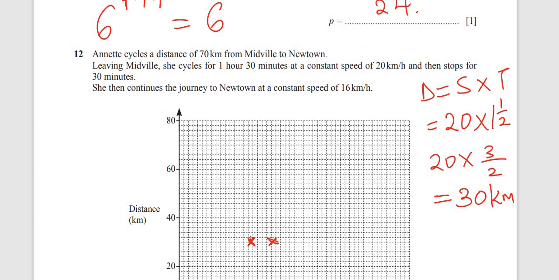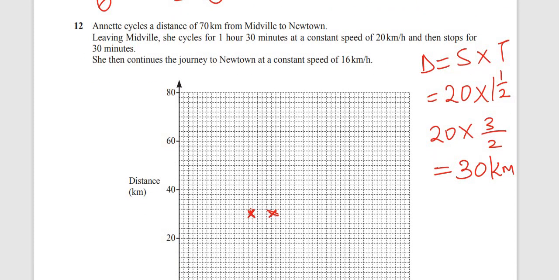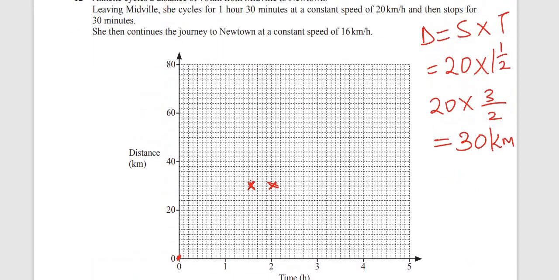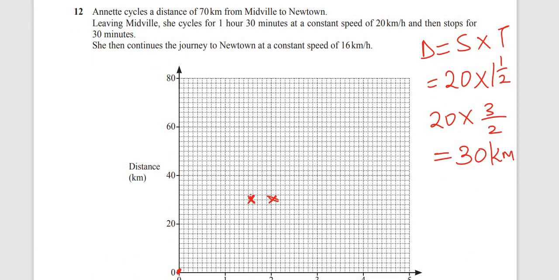she then continues the journey to Newtown at a constant speed of 16 kilometers per hour. Now, up to the point where she stopped, she had covered 30 kilometers. And remember, the distance from Midville to Newtown is 70 kilometers. So that means she still has 40 kilometers remaining.